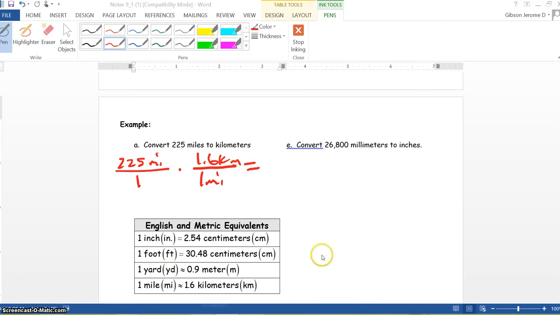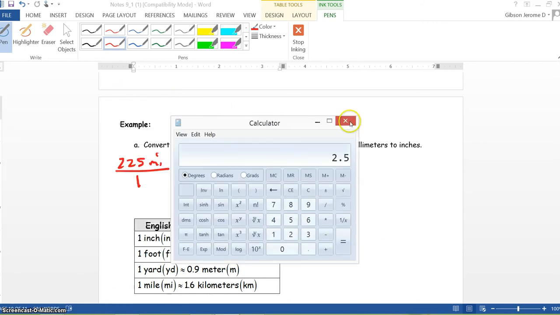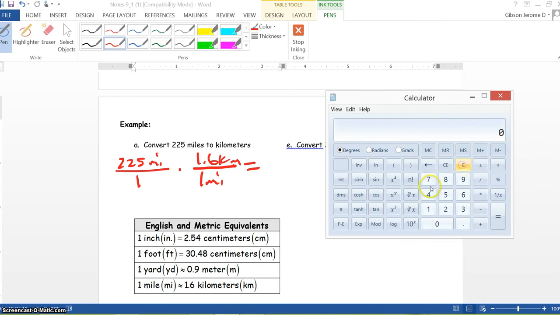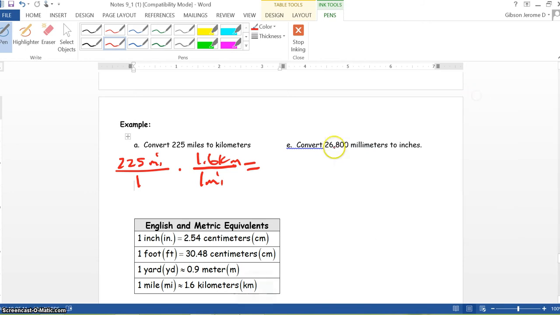So we can take our calculator, move it over here, and we would take 225 multiplied by 1.6, and that gives us 360. So now we will have 360 over 1, and that's kilometers. And so our final answer would be 360 kilometers. And we're done with this problem here, because miles will simplify out.